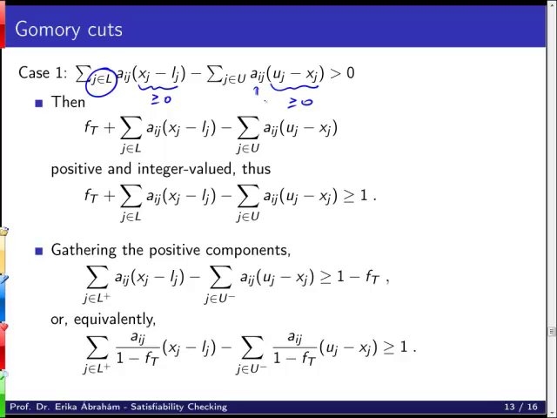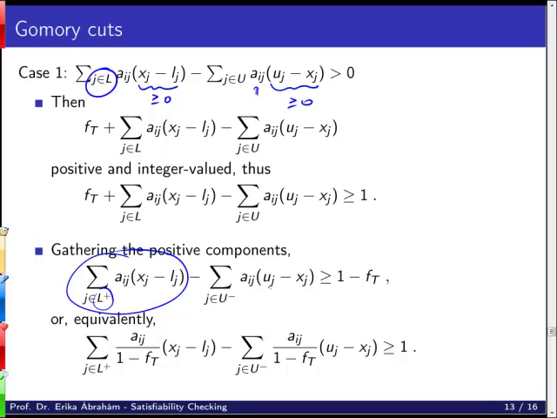So if I have some assumptions about the coefficients, I can tell that, for example, here the coefficients are positive and I have a lower bound, so these are also positive. So this whole sum, I know that it is larger or equal to 0. The same holds here.